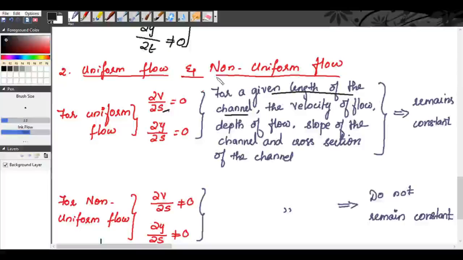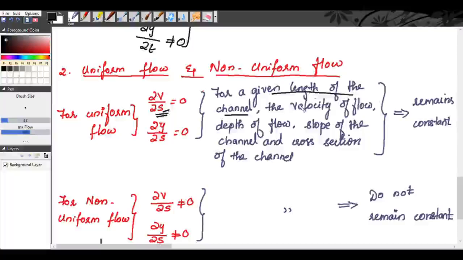So when you are considering uniform and non-uniform flow, it is with respect to space, and you will consider a length of a channel. It is taken for a particular length of the channel between two sections. When you are taking channels, you can consider two sections. So within this length, what is the flow?